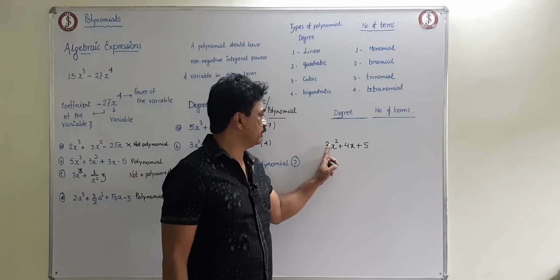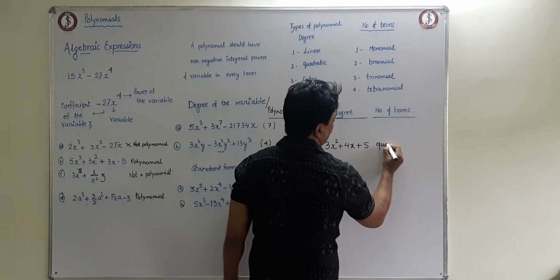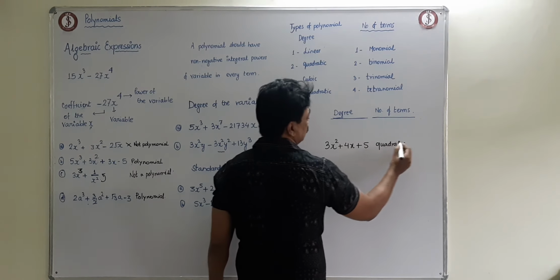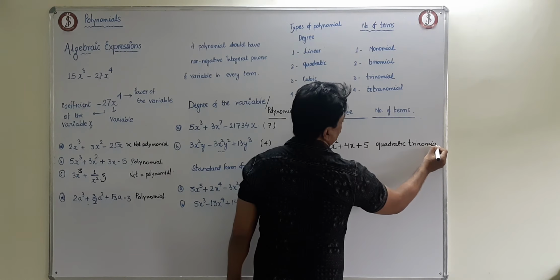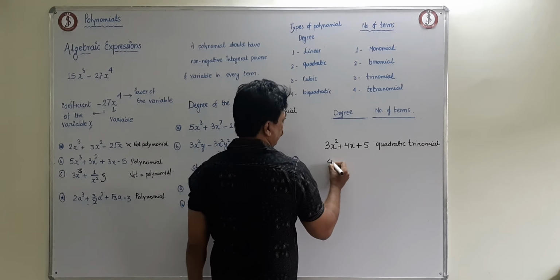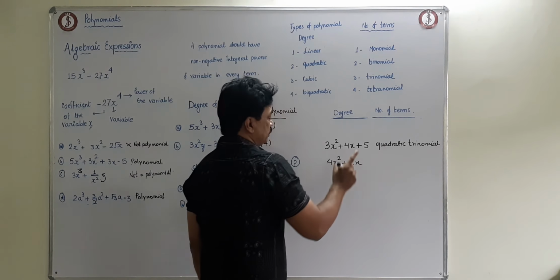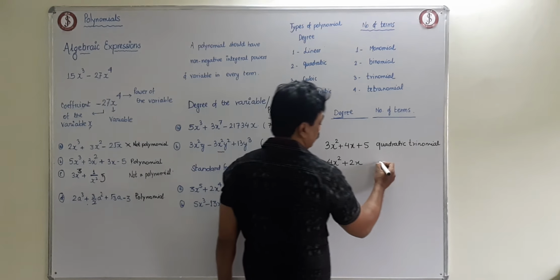Degree is 2, so the first name will be quadratic, and how many terms? 1, 2, 3. So it is a trinomial. Another one, 4x to the power 2 plus 2x, is again quadratic, but it contains only 2 terms, so it is a quadratic binomial.